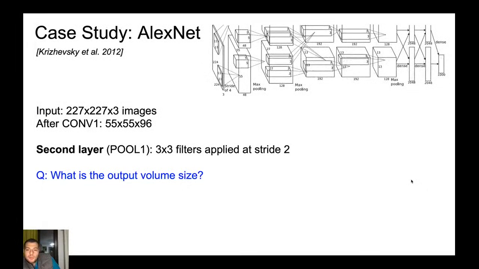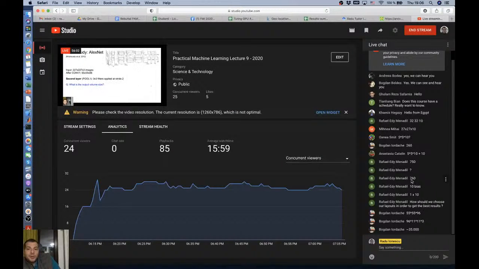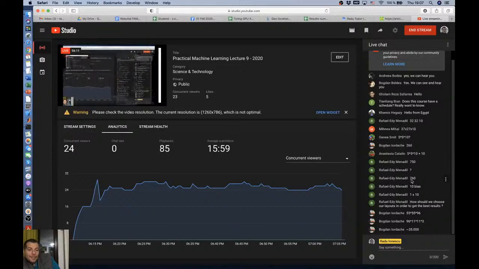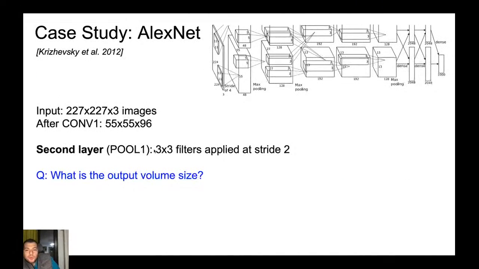So now I'll expect an answer for this question. What is the size of the output volume after applying this second pooling layer? Just wait for a couple of minutes, maybe 1 or 2. You can apply the same rule as for the convolutional layers in order to determine the spatial size.